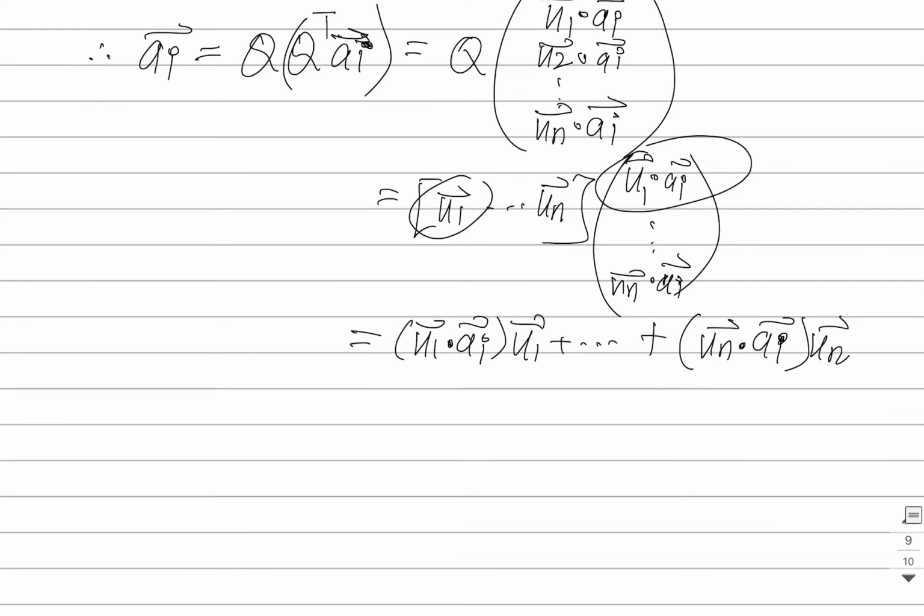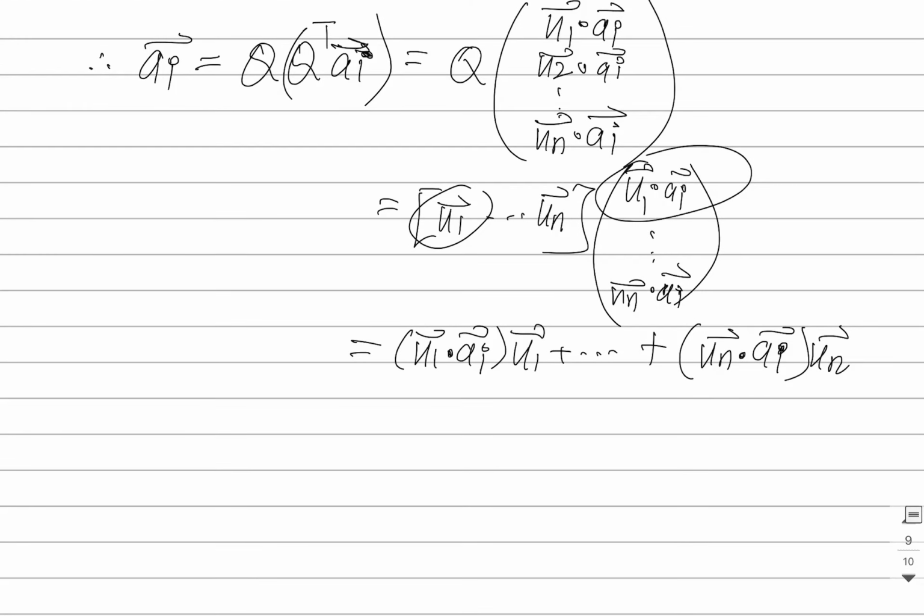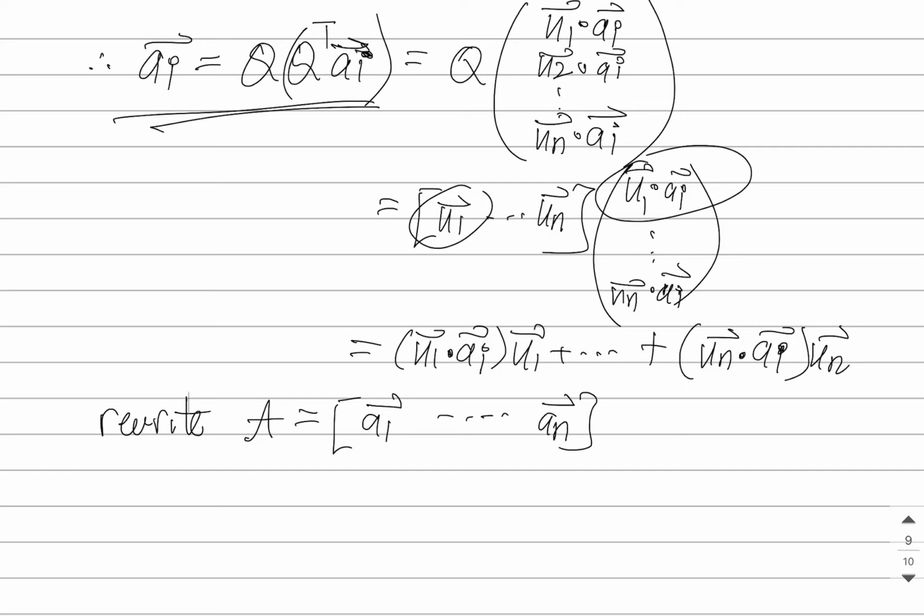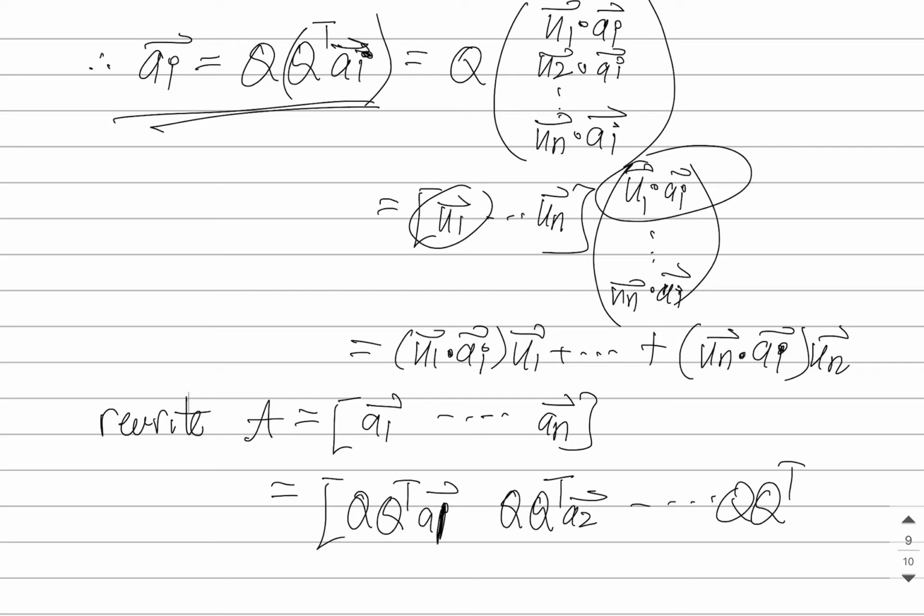Now, the point of the story is that we can rewrite the original matrix A, which has these columns, in terms of this representation above. So it's going to be Q transpose A1, Q transpose A2, all the way down to Q transpose AN.